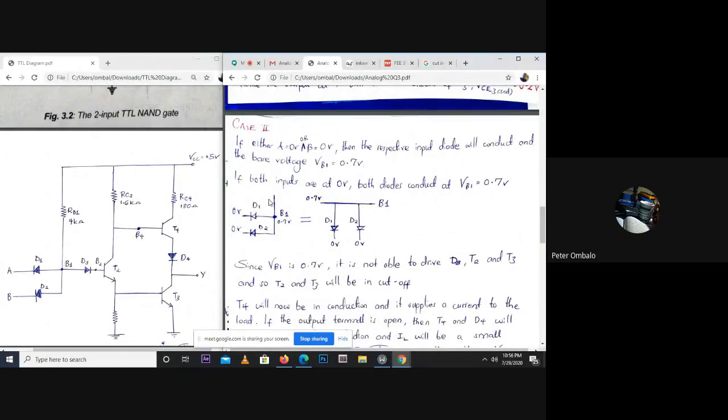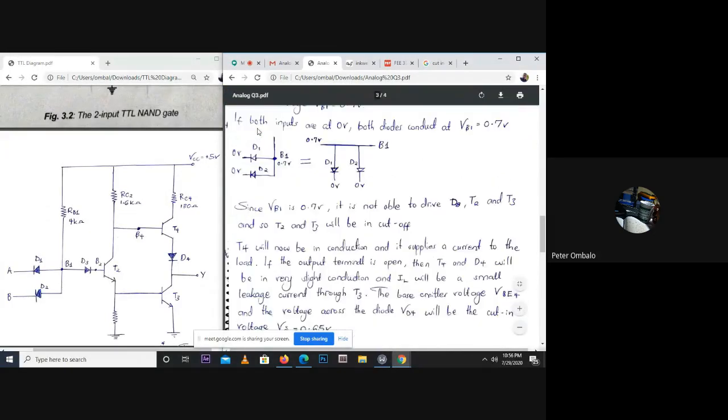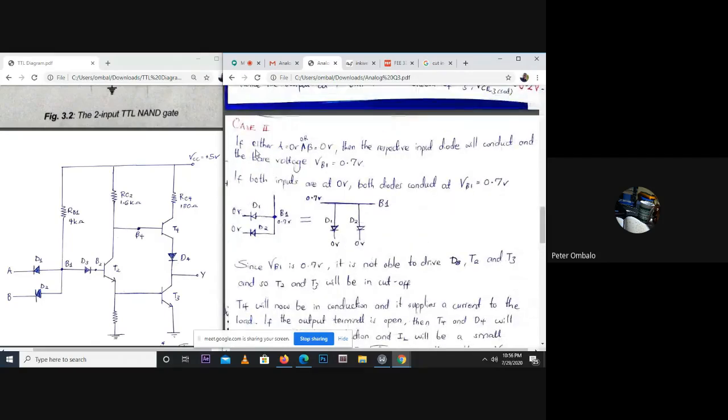So case 2. We have already looked at our first case where both A and B were held at 5 volts. Now in our second case, if either A is 0 volts or B is at 0 volts, then the respective input diode will conduct and the base voltage will be 0.7 volts.